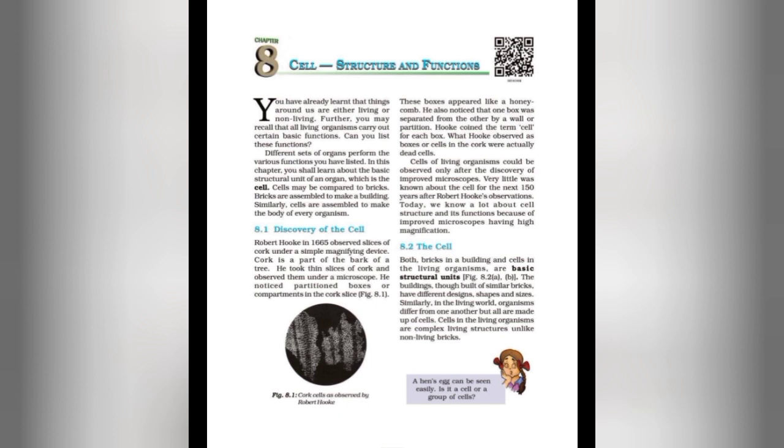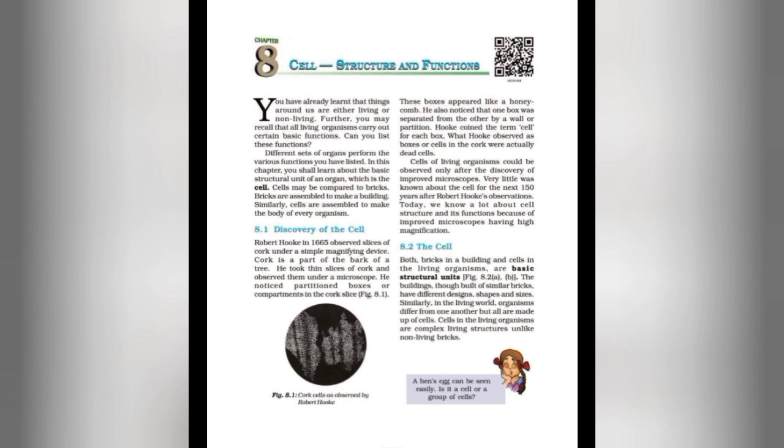So students, the English scientist Robert Hooke discovered the cell in 1665, and he observed a slice of cork under his self-designed microscope. Cork is a part of the bark of a tree. He took a thin slice of cork and observed it under the microscope, and he noticed a large number of compartments in the cork slice resembling the structure of a honeycomb.